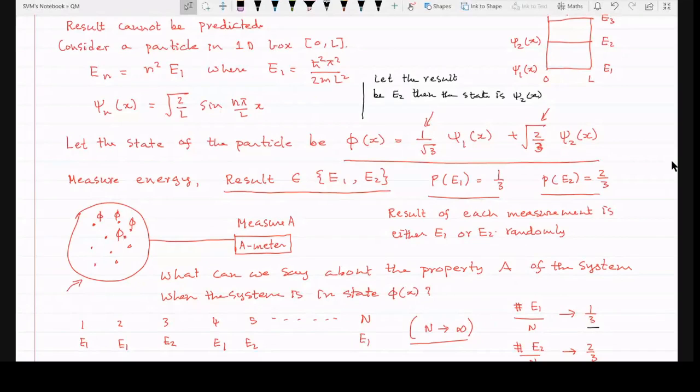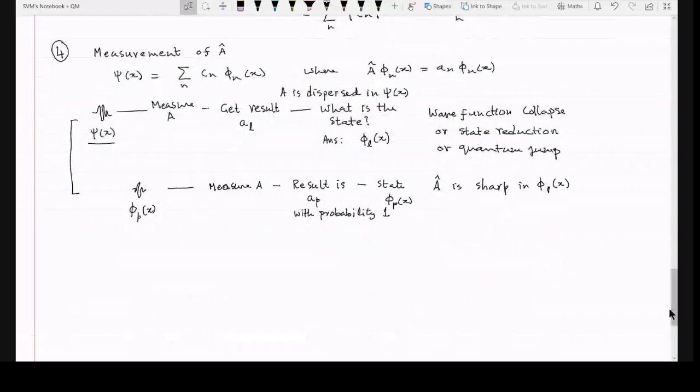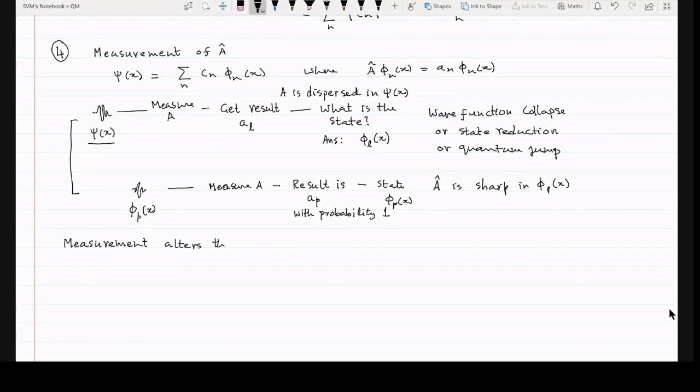After the measurement, the state changes. This is what is to be understood: measurement alters the state of the system in an irreversible manner, irreversibly.